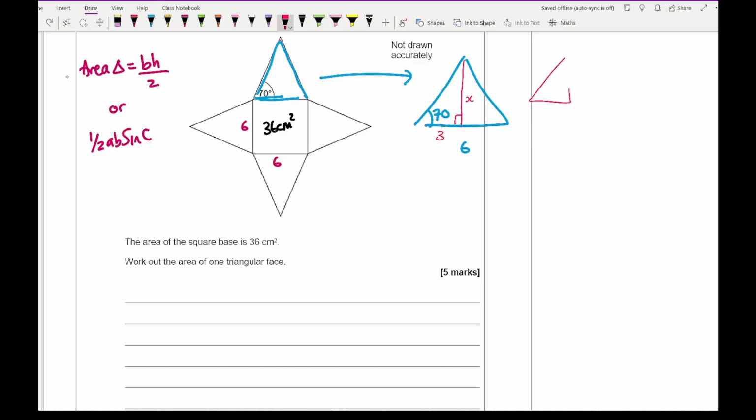So then using this triangle here, which has x, this is 70, and this is 3, I can use tan 70, because I've already used the letter x, so tan 70 equals x over 3. Let me just write that out a little bit better.